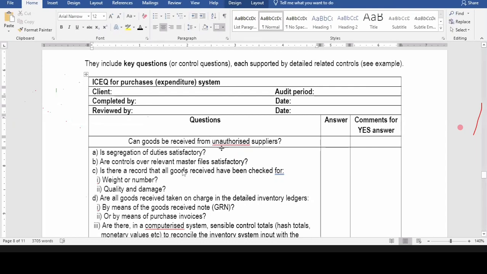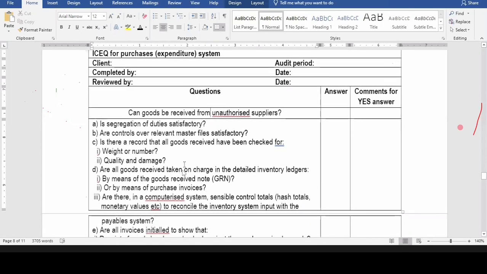The answer to this one major question comes from the answers to the small questions, the minor questions. The answers to the minor questions will give us the answer to the main question. So you cannot answer the first question unless you have answered the small questions. Can goods be received from unauthorized suppliers?